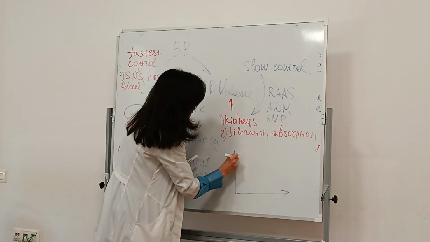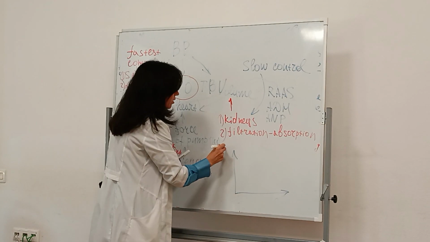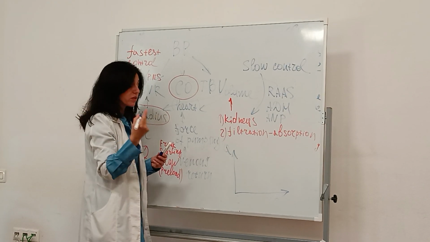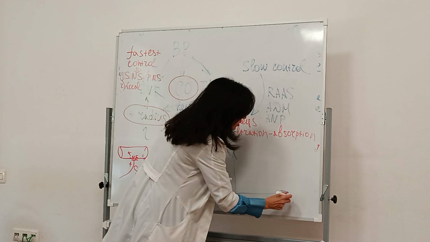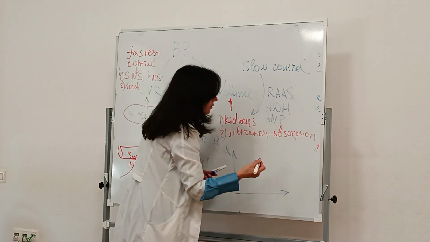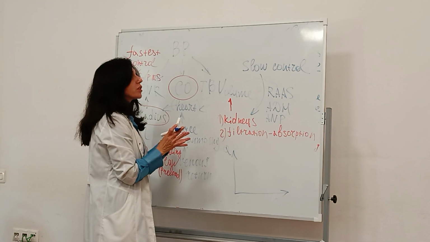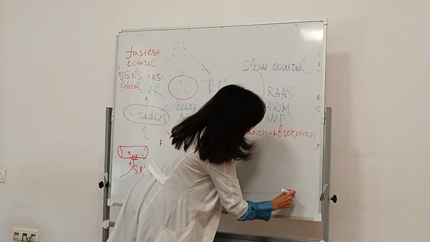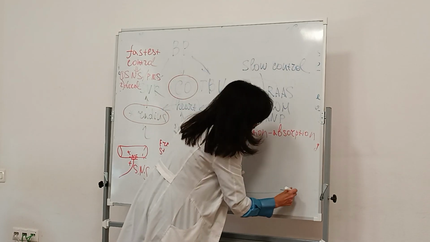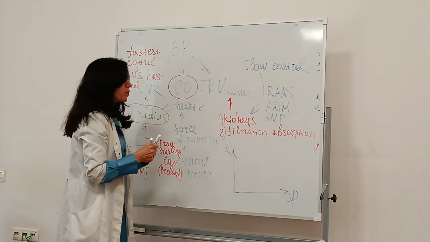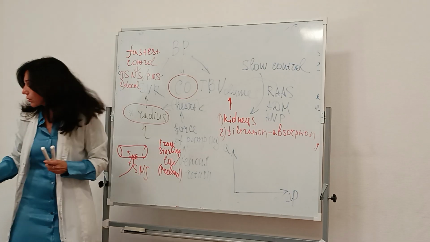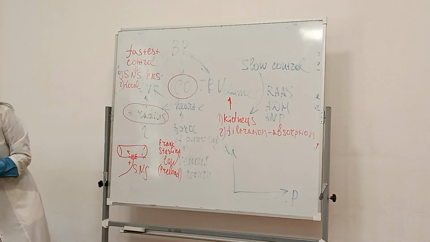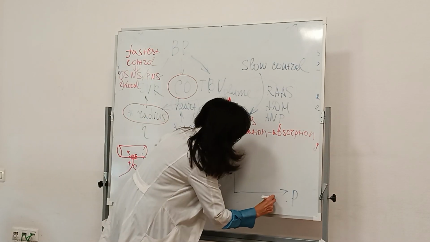This graph is dependence of blood flow across single blood vessels, depending on stretching, stretch force. Increase blood pressure inside, mean pressure, blood pressure inside blood vessels.